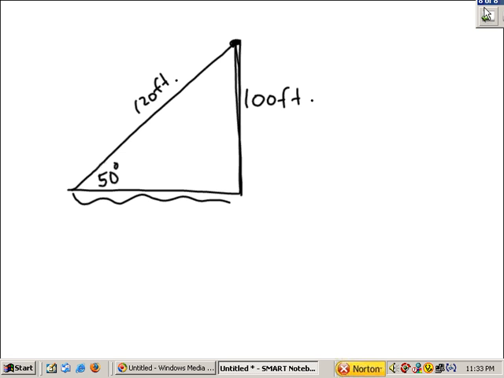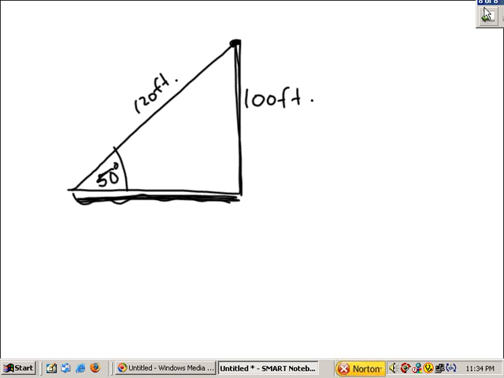And you know that the building's 100 feet tall, and you put it at a 50-degree angle. And you're asked, well, how far did you put it from the building? Now, there's two options. You can go out and measure that distance, or you can say, you know what, I'm going to use trigonometry.